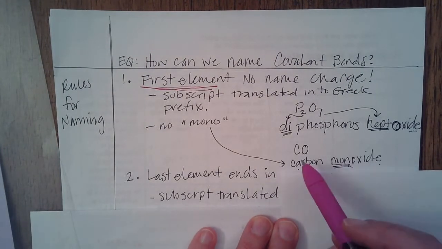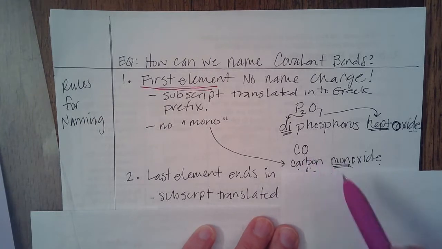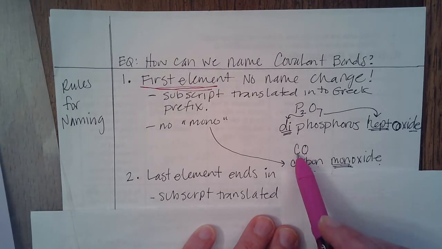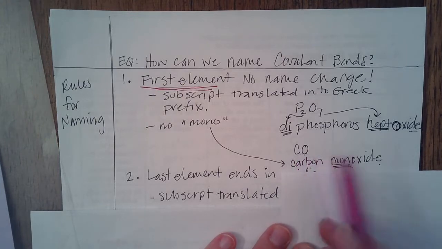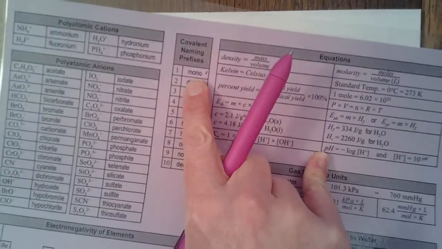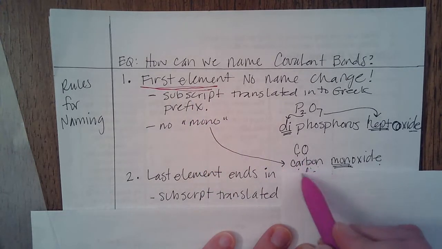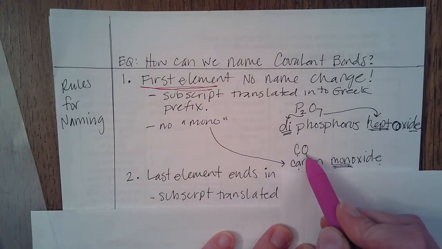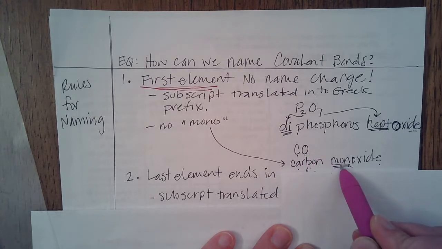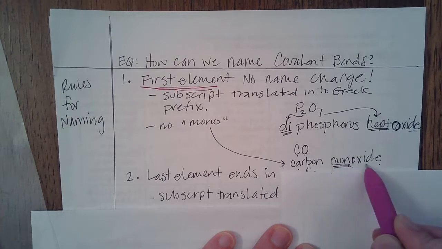Likewise, let's go over this. CO is carbon. First one's not changed, but you see how there's only one C? So carbon, there's no mono because there's only one C in the first element only. But if the second element is only 1, and we know it's 1 because there's no little subscript here, then we do monoxide.